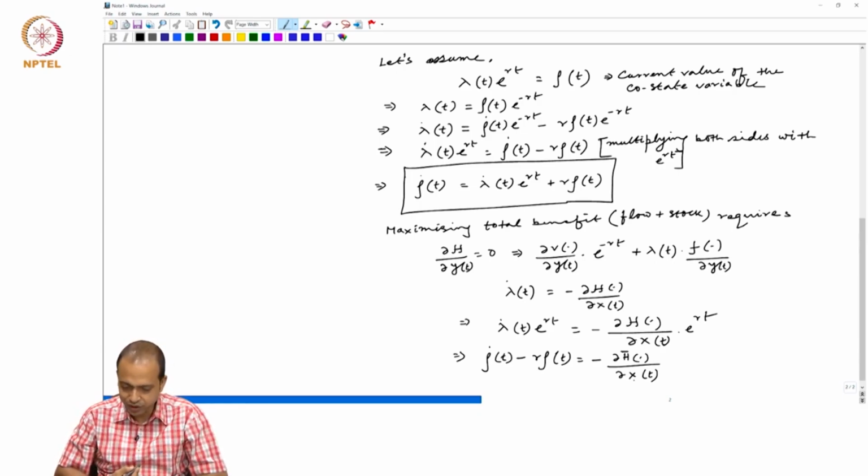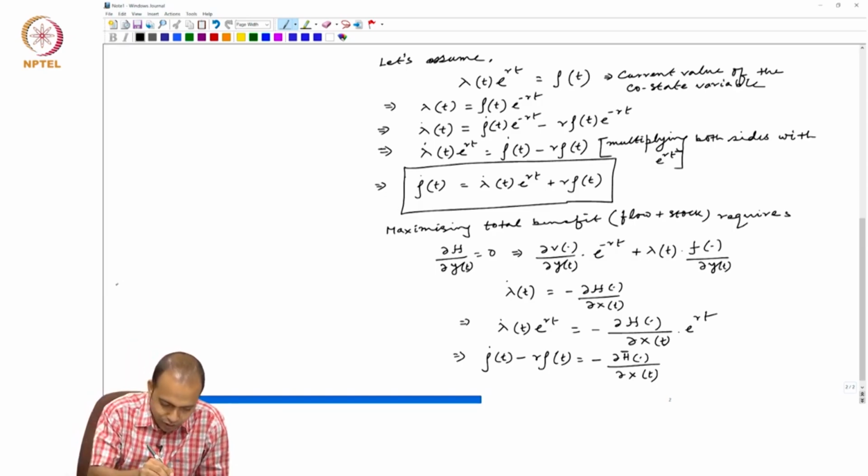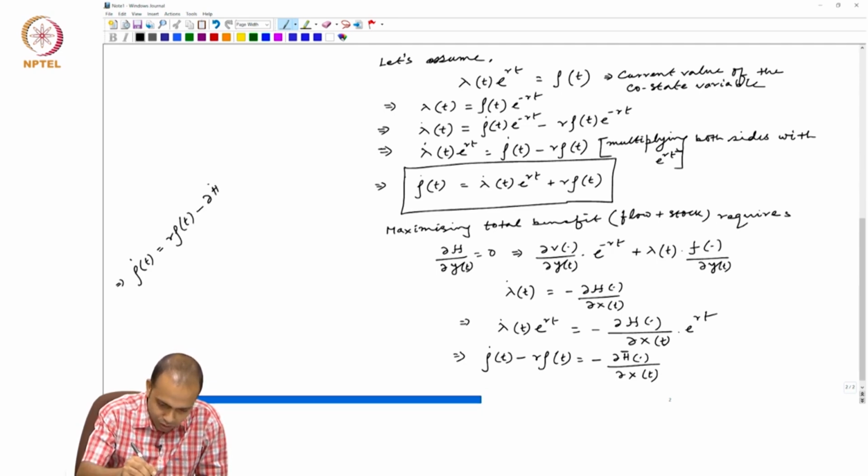So, from here we can write that rho dot t equals r into rho t minus del H bar del xt.